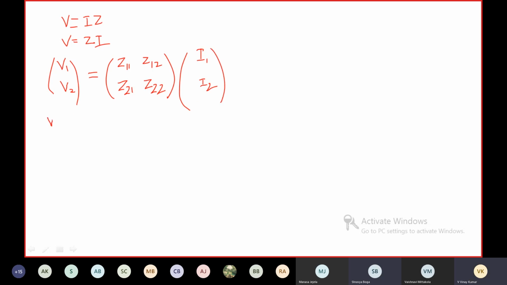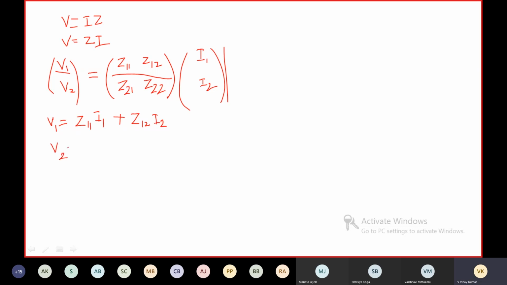Then V1 is equal to Z11 I1, the multiplication of this row with this column, plus Z12 into I2.